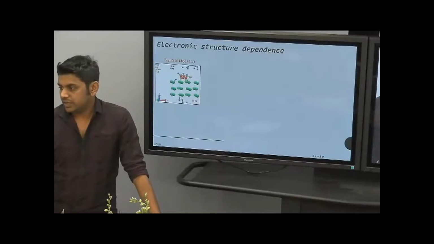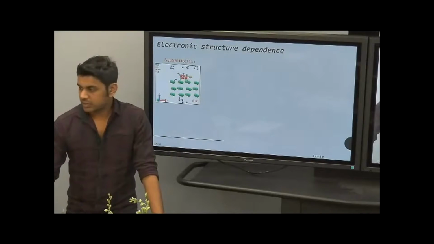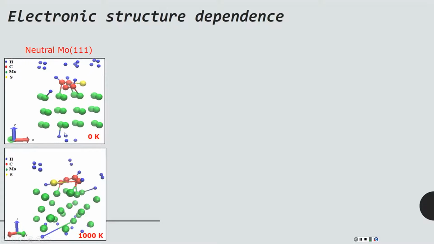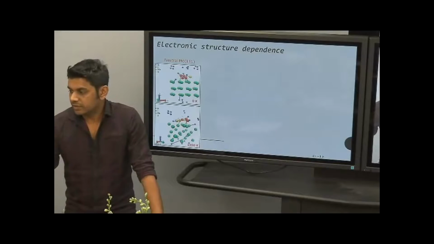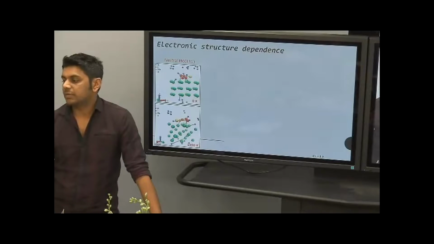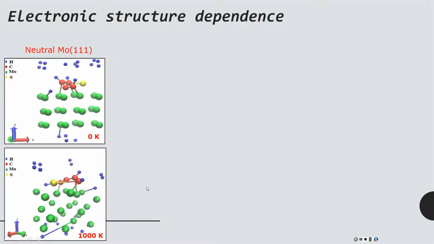Here you can see a thiophene molecule adsorbed on a neutral molybdenum surface at 0 Kelvin. At 0 Kelvin, only one carbon sulfur bond is dissociated, and when the surface temperature is increased to 1000 Kelvin, even though this carbon sulfur bond is elongated, it is not completely dissociated.